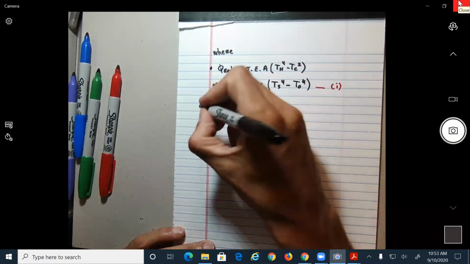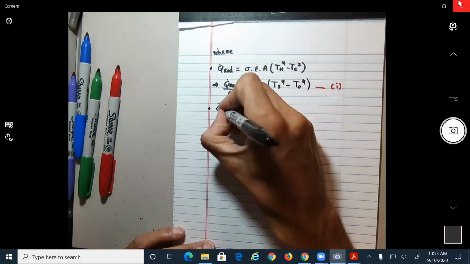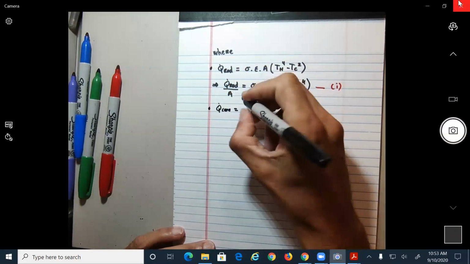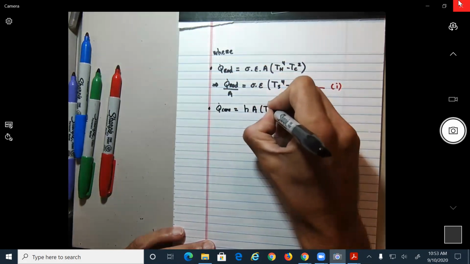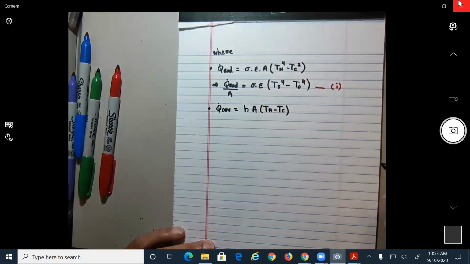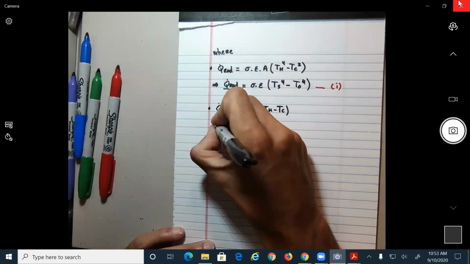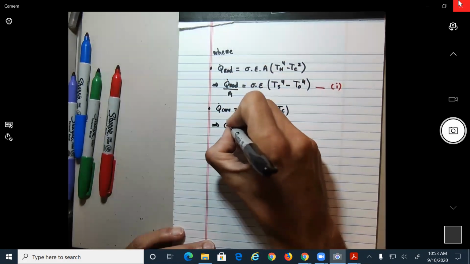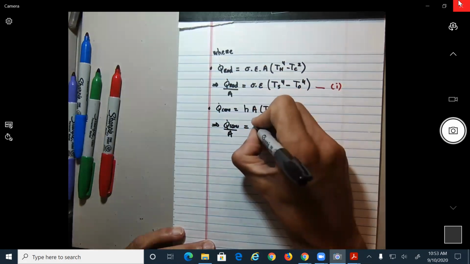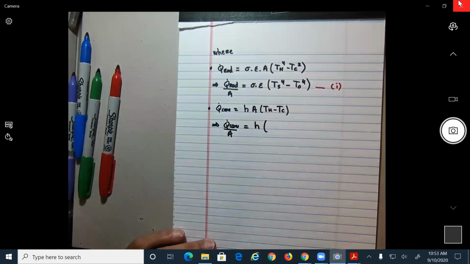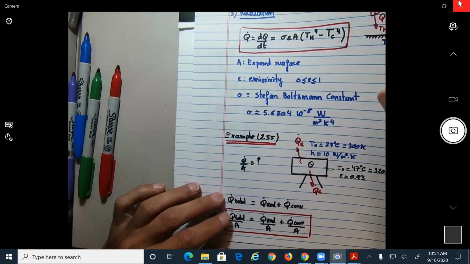All right, and the other equation we need to know is that Q convection is equal to what? It's equal to hA (T hot minus T cold), which basically we're going to do the same thing here. Q convection per unit area will be equal to what? h, and again, between what and what?